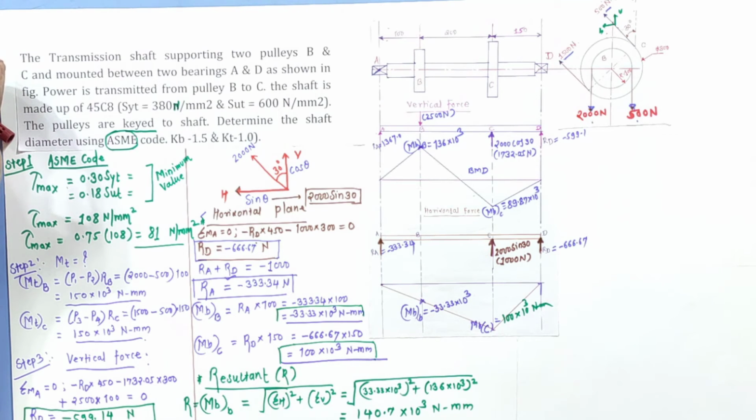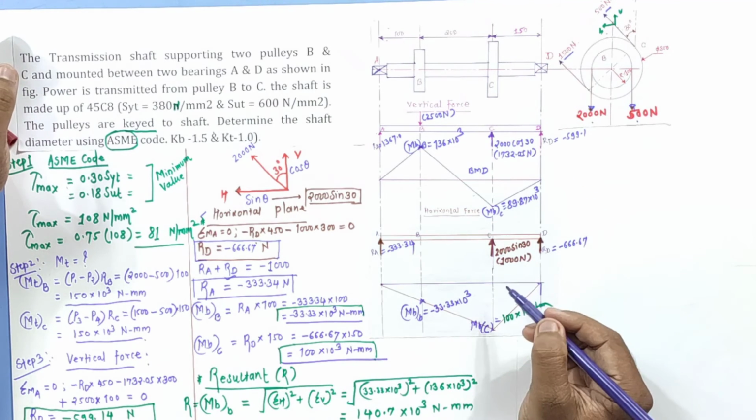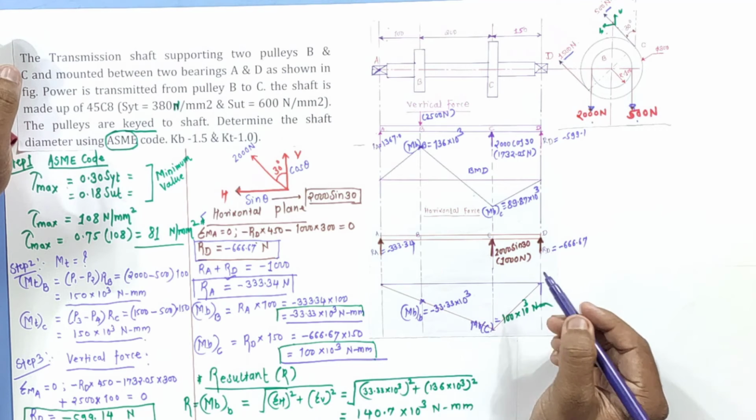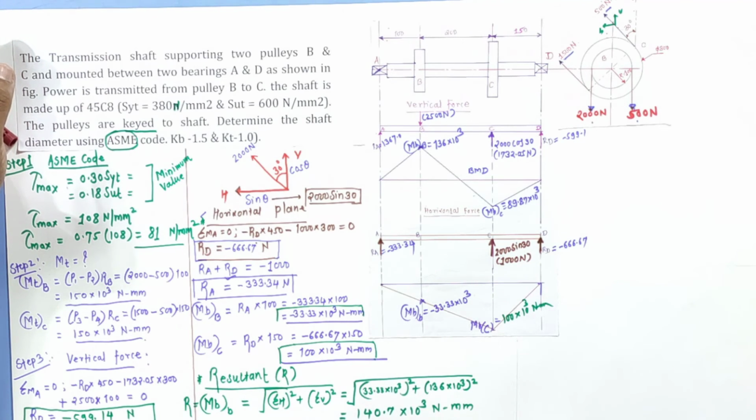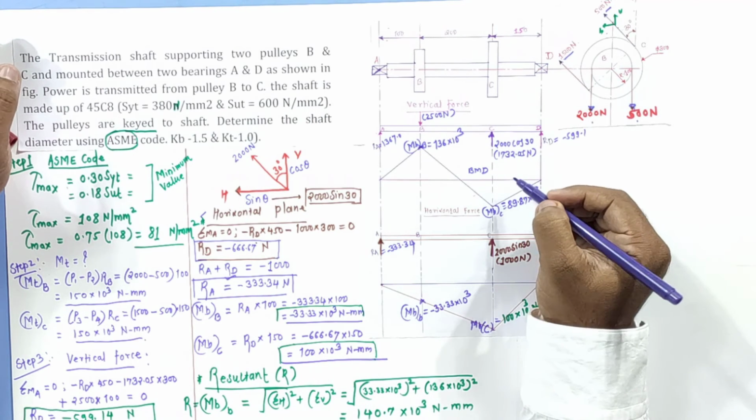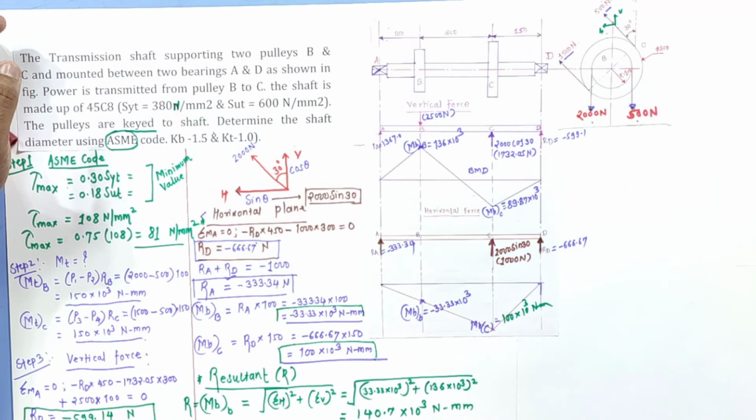Now the resultant bending moment at pulley C we need to calculate the same way: square root of summation of horizontal force square plus vertical force square. Horizontal is 100 into 10 raised to 3 bracket square plus for the vertical case 89.87 into 10 raised to 3 bracket square.